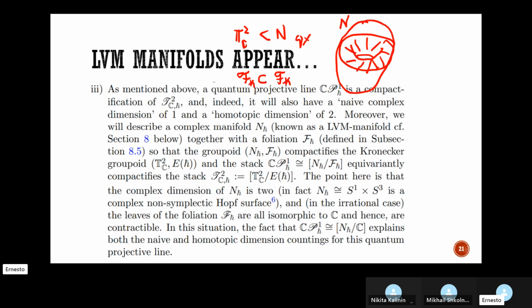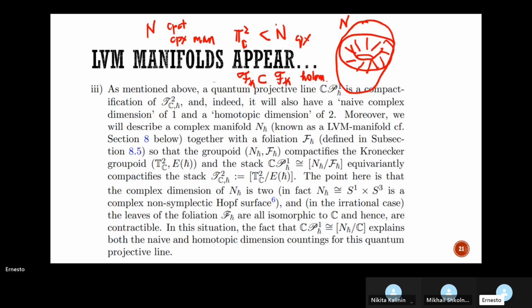The Kronecker foliation extends, I don't know what to call it, extends to a foliation in all of N. But N is a compact complex manifold. N is a compact complex manifold that contains the open torus and compactifies it, but also this foliation, the Kronecker foliation, extends to a holomorphic foliation, an analytic holomorphic foliation. So the foliation is holomorphic.